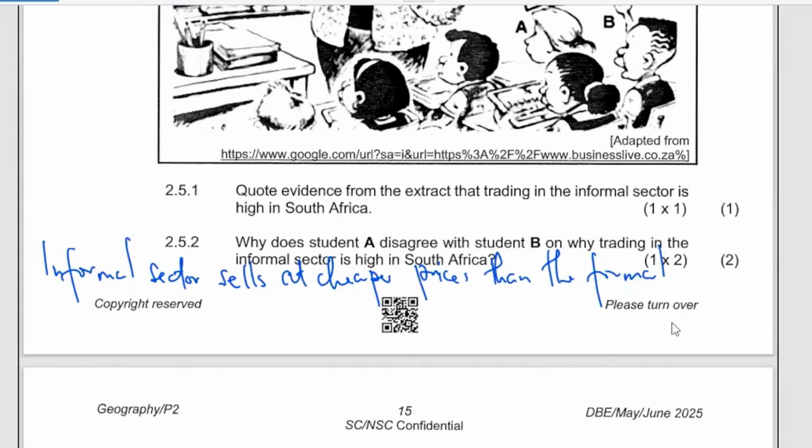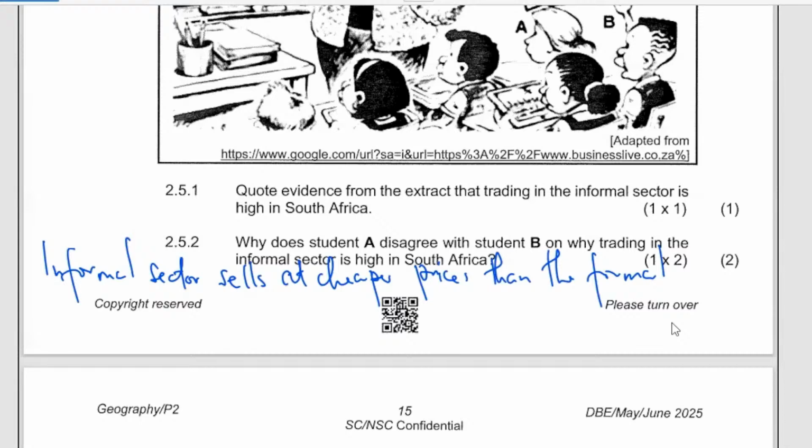For the reason being why they are able to sell products at cheaper prices, they are using family labor in most instances. They don't hire the labor, or it's a person doing their own business. And for the very same reason, again, they do not pay tax. Remember, tax is a cost of production which must be accommodated when you are charging the price.